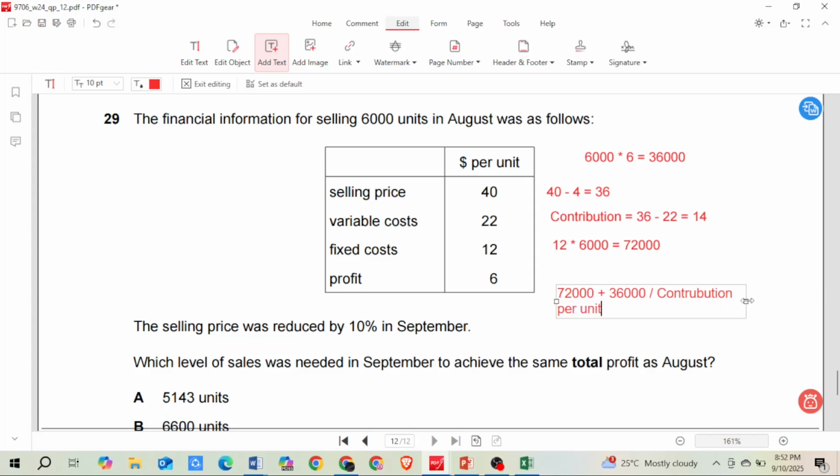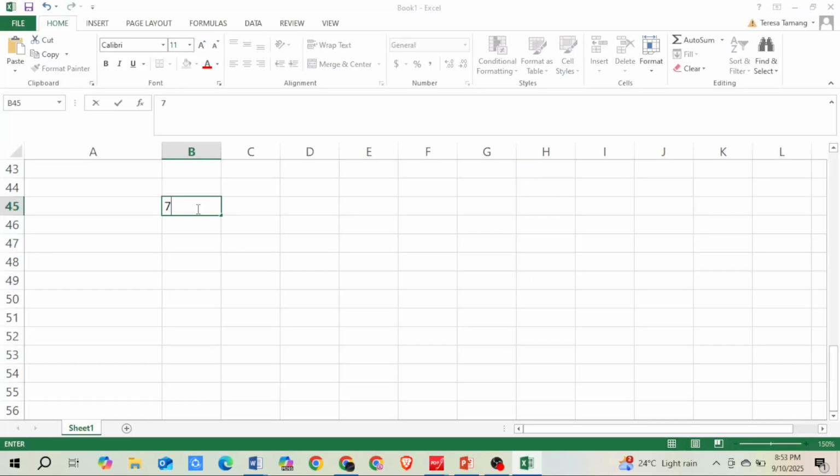In break even point we calculate fixed cost divided by contribution per unit. Now in desired profit we just add the desired profit to calculate how many units it takes to make this much profit. So 72 is the fixed cost, 36 is the desired profit, and the contribution we calculated was 14.